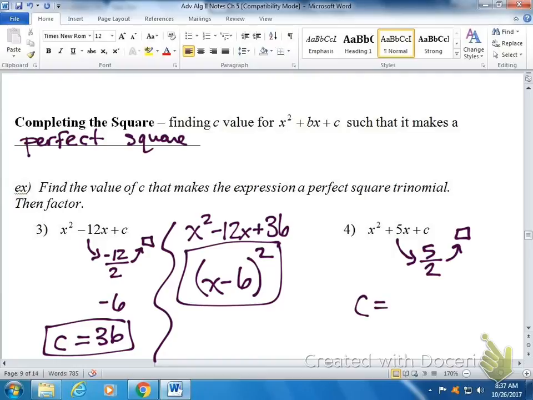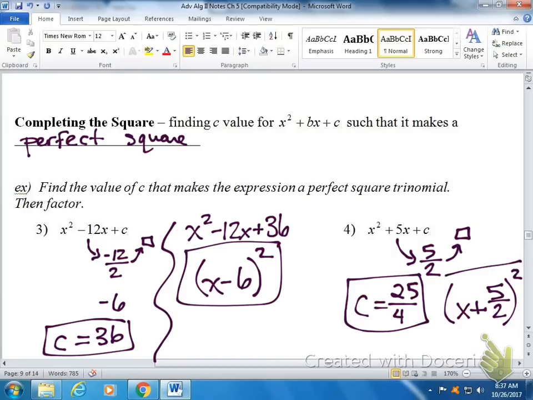So C is going to be the square of the numerator over the square of the denominator. That's what we're looking at. Sometimes it's okay to get fractions, and we got to be aware you still follow the same rule. So if I wanted to write the expression of the perfect square trinomial, this is going to be the quantity x plus 5 over 2, squared.